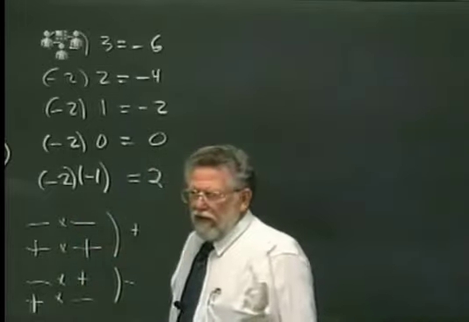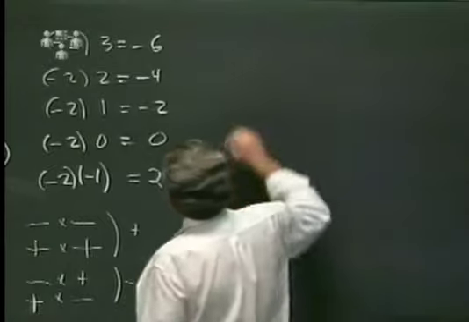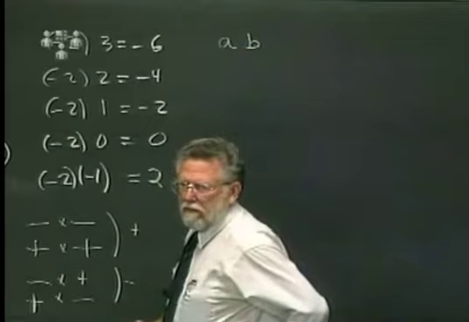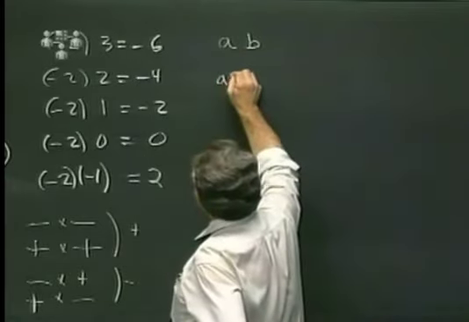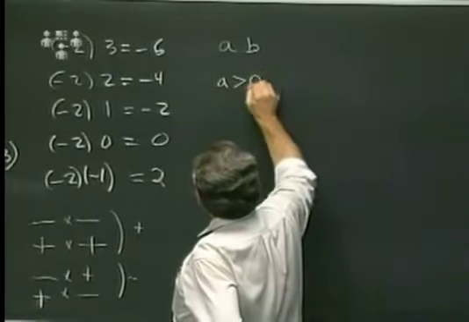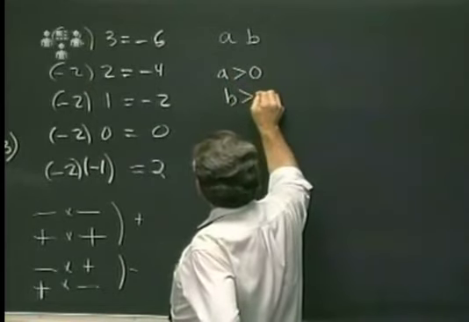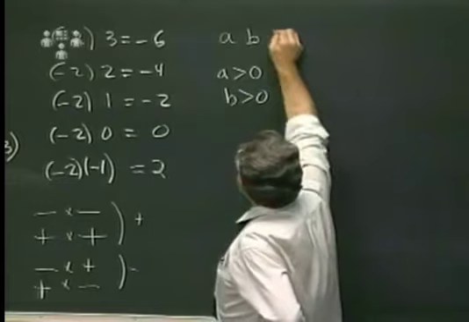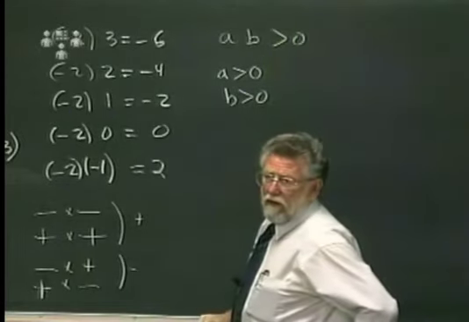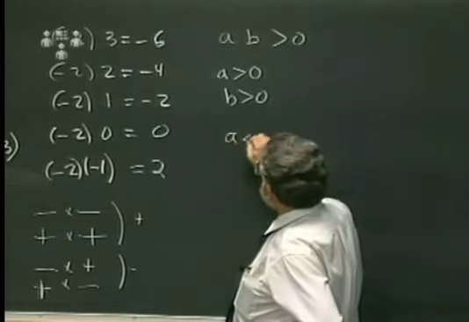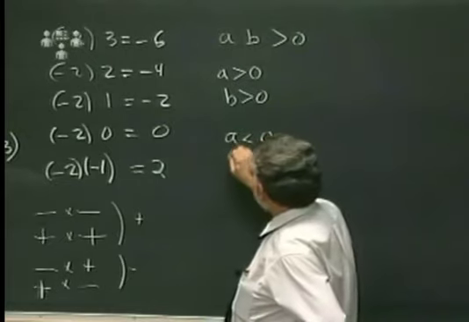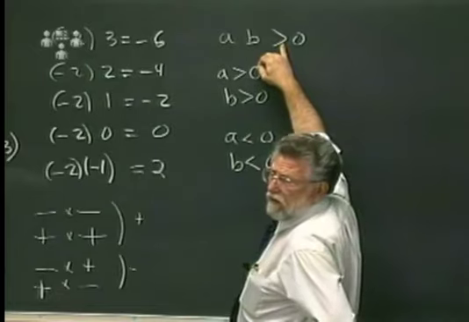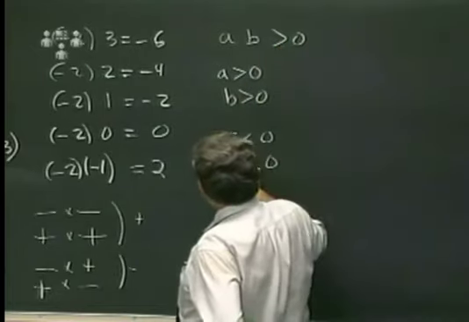The way we usually say something like this is if I'm going to take A times B, if A is positive and B is positive, notice greater than 0, to the right of 0, to the right of 0, then this will be to the right of 0. If A is to the left of 0, negative, and B is to the left of 0, then this will still be true. So either one of these two.